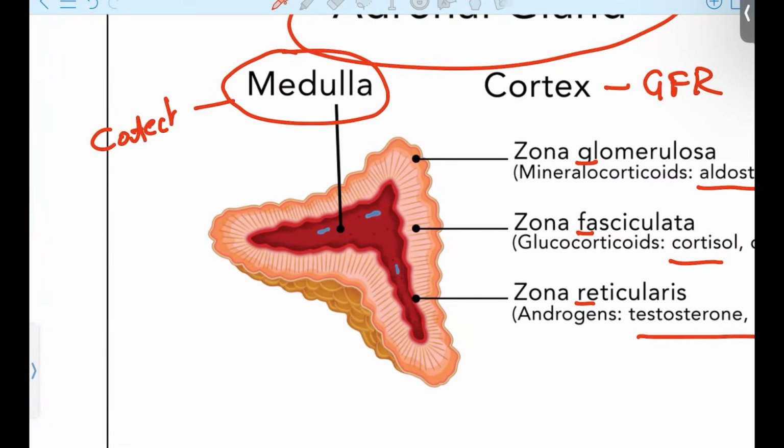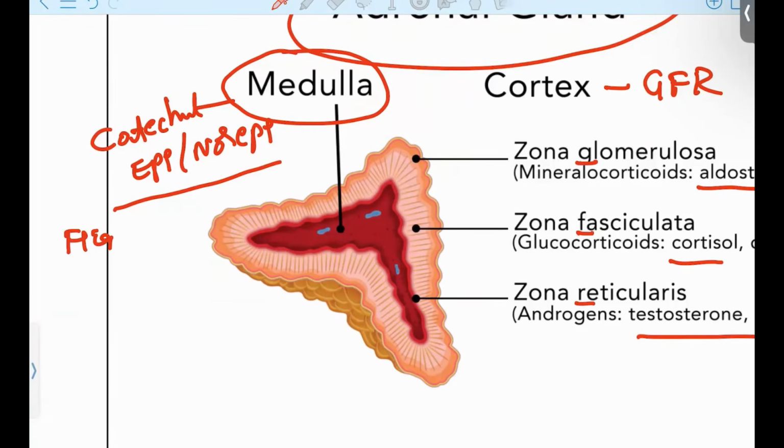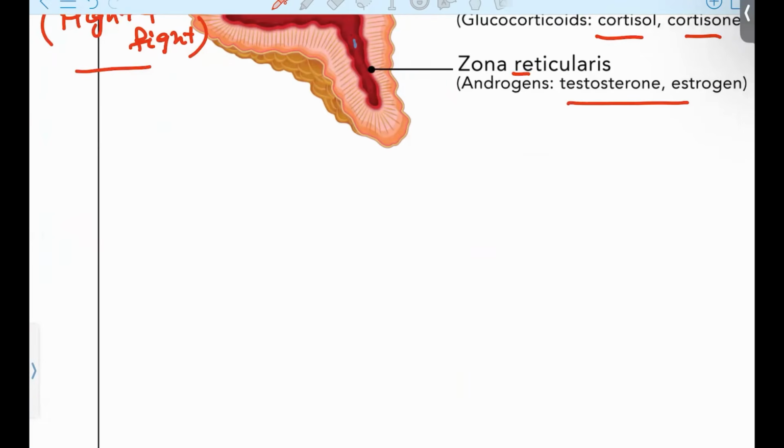What are those catecholamines, guys? Epinephrine and norepinephrine. Epinephrine and norepinephrine will be high in situations like fight or flight. Only at these times will they be high. So if the medulla is involved, commonly there is a condition known as pheochromocytoma.